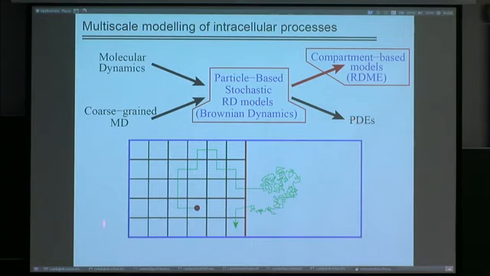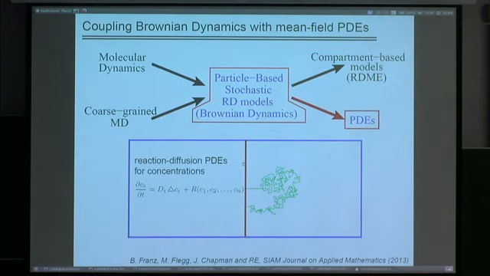So if I have this setup, the mathematical problem is that I use Brownian dynamics here, and here instead of compartments I will be using reaction diffusion PDEs. It's quite a difficult problem. We wrote one paper about it two years ago.